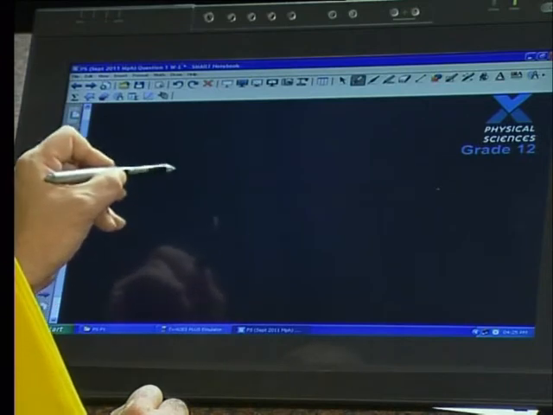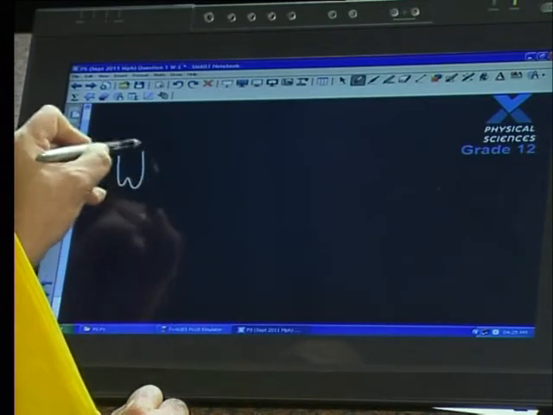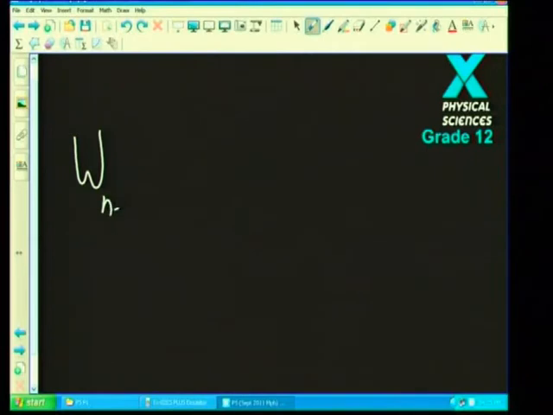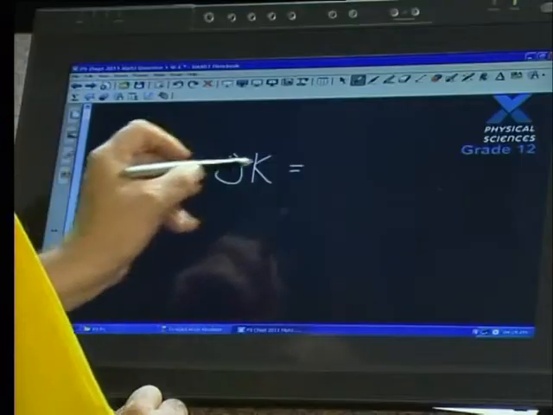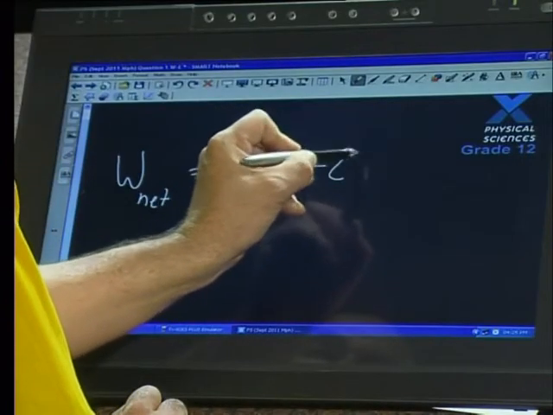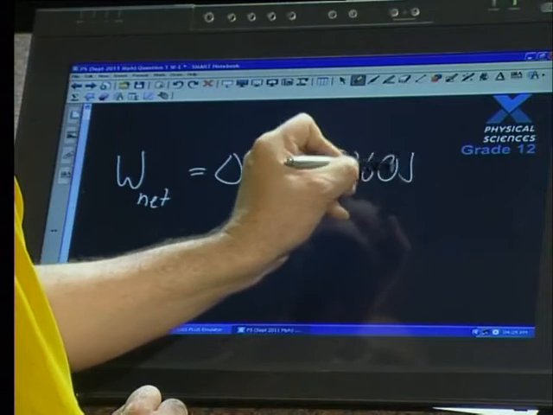We're going to say the work-energy theorem tells us W net is equal to the change in kinetic energy. We've worked that already, and we found that the value for W net is equal to minus 2160 joules.